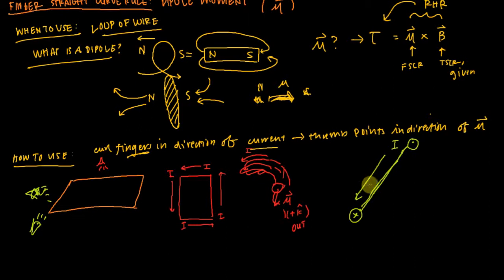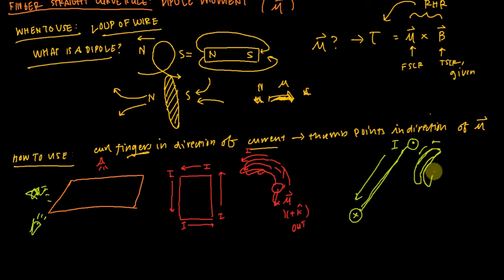So how would we orient our hands here? Well, this is a little bit confusing. Our fingers are curling in the direction of the current, so they're going to come out of the board at us, and then go back into the board. We're going to be using our right hand, because I totally just tried to explain it using my left hand, and it wasn't going in the right direction. So how would I draw that? Here the fingers are coming out of the board at us, and then curling back in, like that.